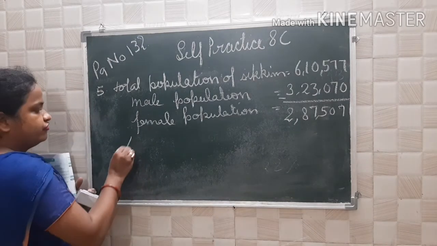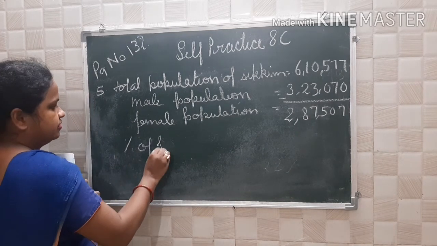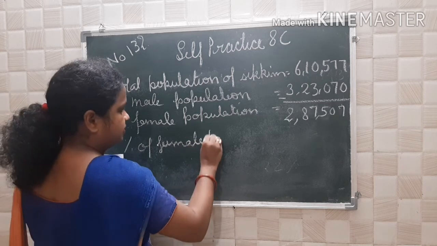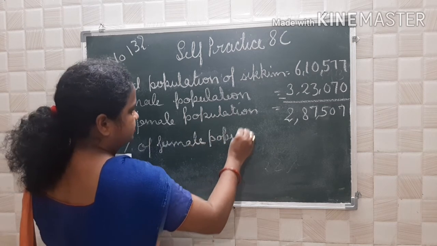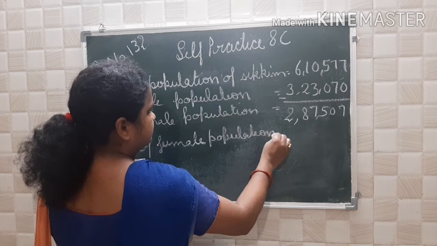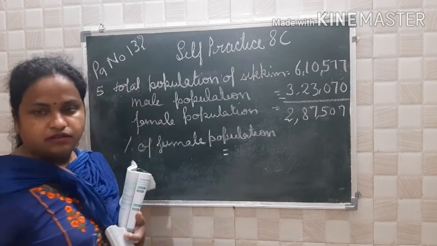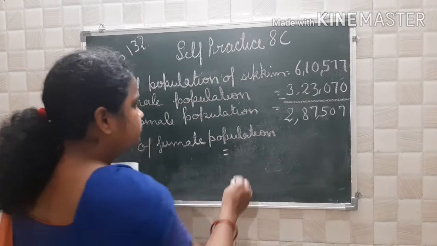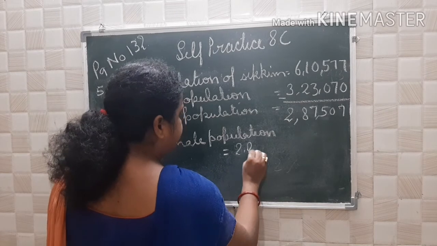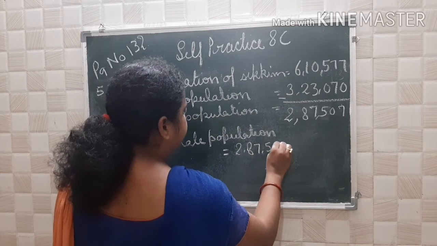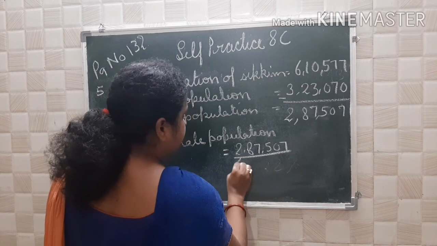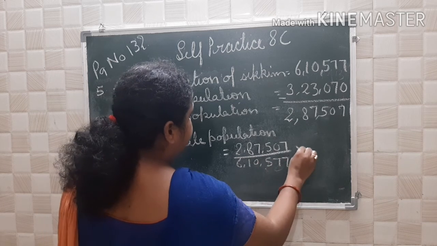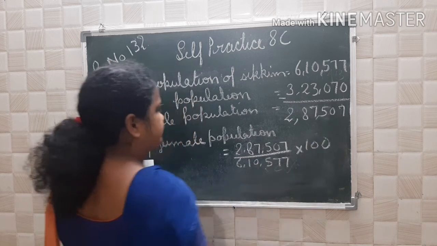Now percent of female population. What will be the percentage of female population here? 2,87,507 upon 6,10,577 into 100. Clear?